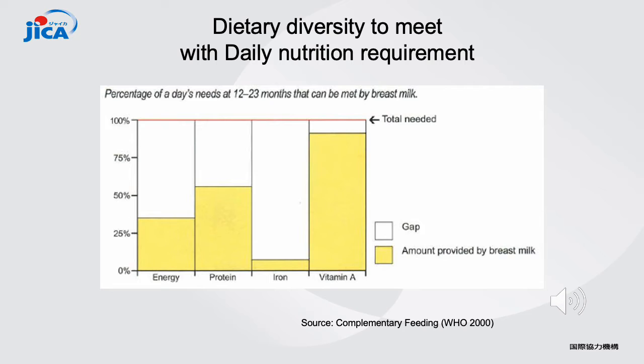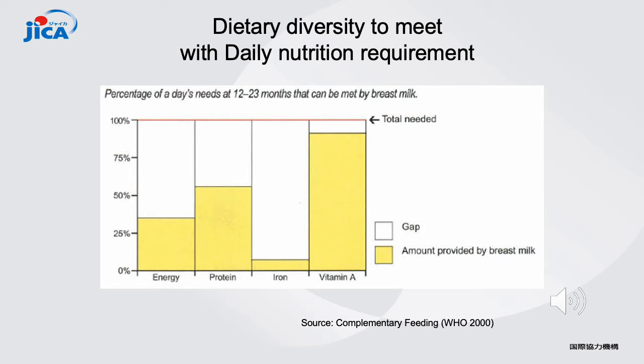But as baby grows, breast milk cannot be enough because, as I said, in 1 year he grow into triple size. But the volume of breast milk cannot be triple in a year. So naturally, as baby grows, baby need to fill the nutrition gap from outside breast milk. That is complementary feeding.